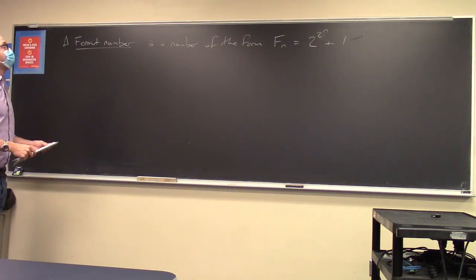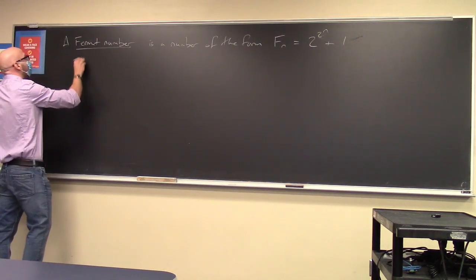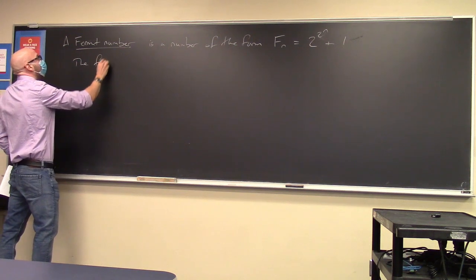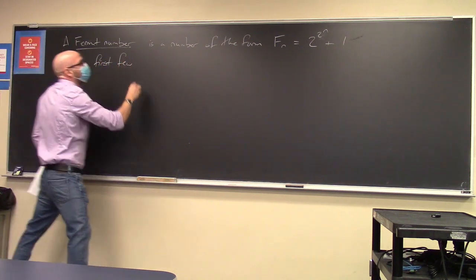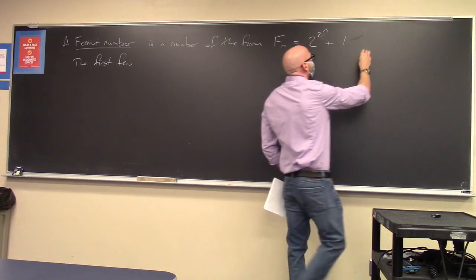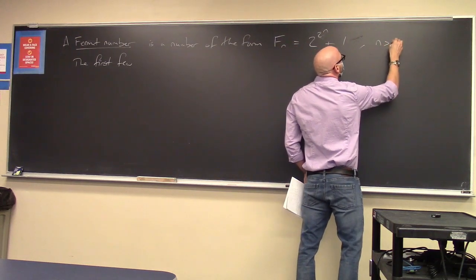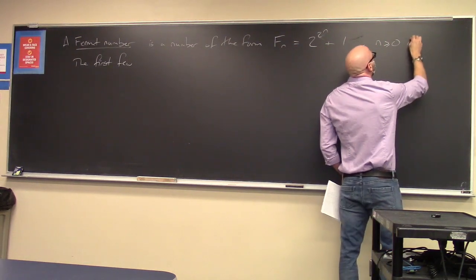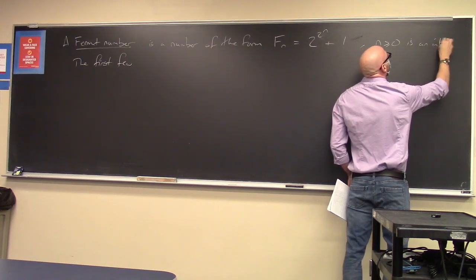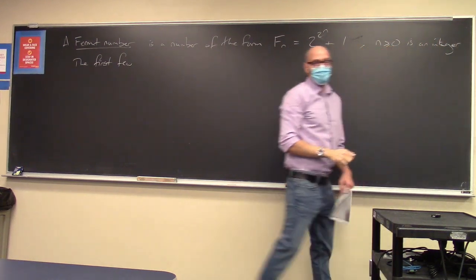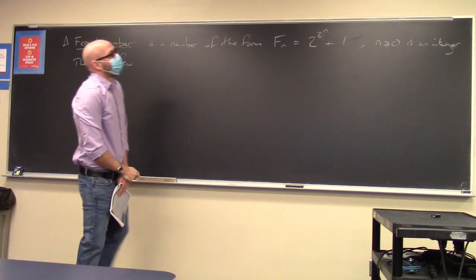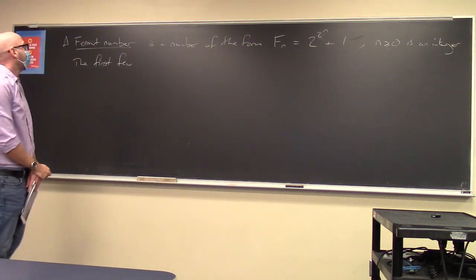All right, so what are the first few? I should tell you what n is: n bigger than or equal to 0 is an integer, so a natural number if you want.